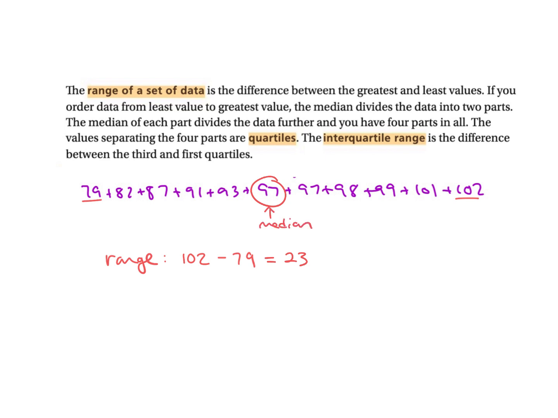If I take the lower half of the data values and I find the median of that set of data values, there are 5 numbers. The middle number is 87. I call that the first quartile.